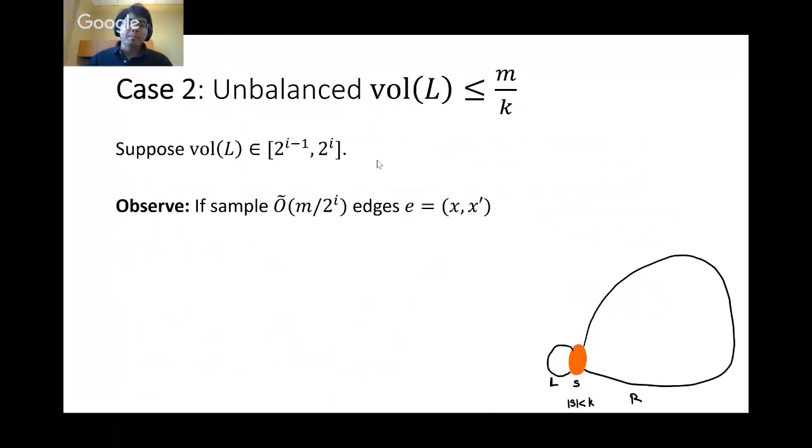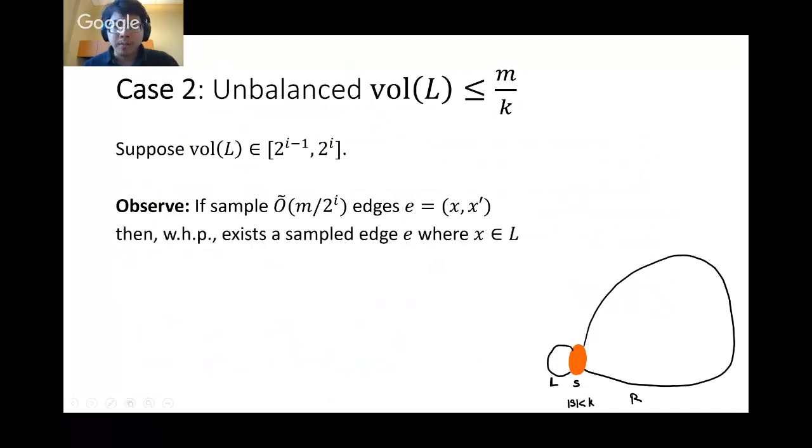If we sample M over 2 to the I edges times a log factor, then with high probability, one of the sampled edges will have its endpoint X inside L.